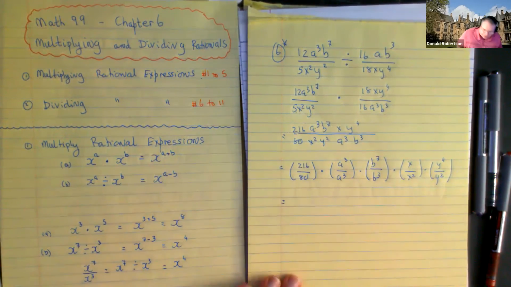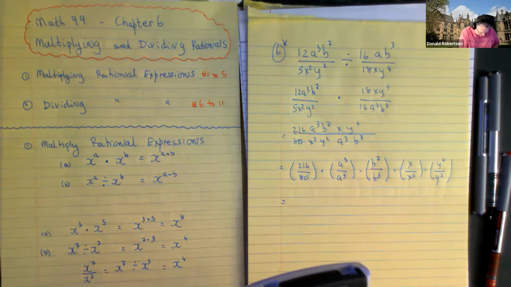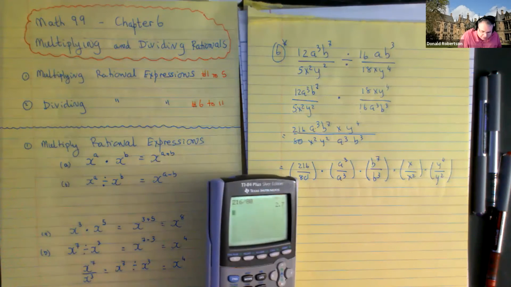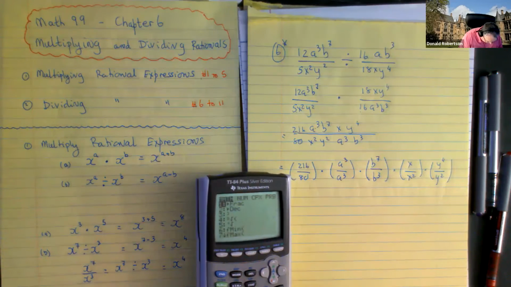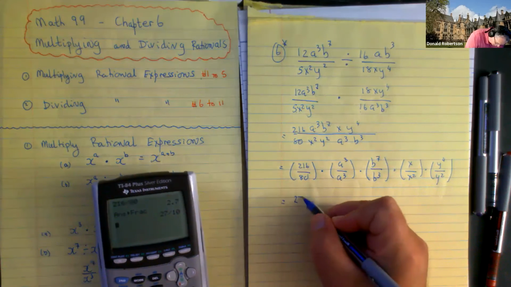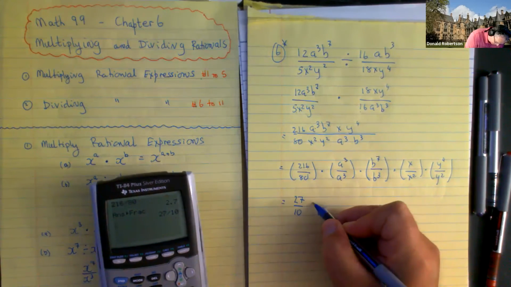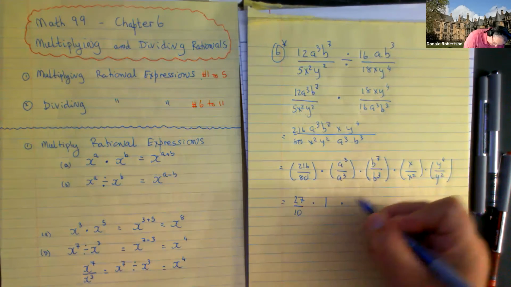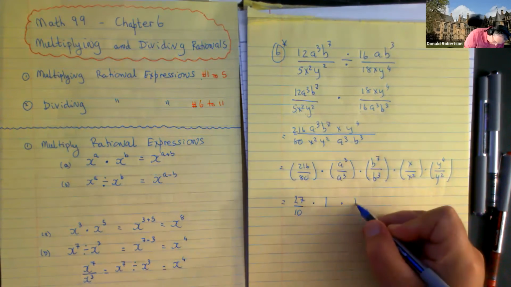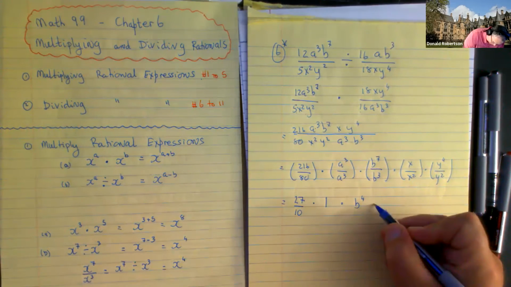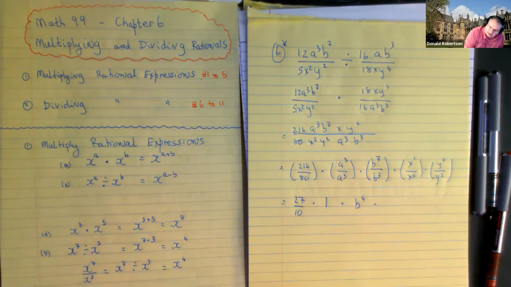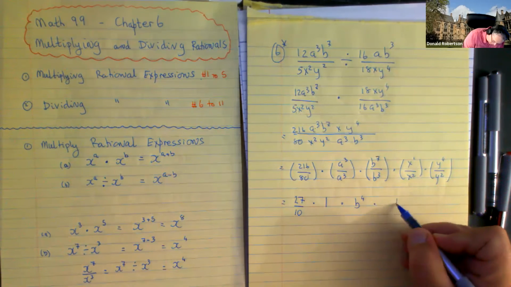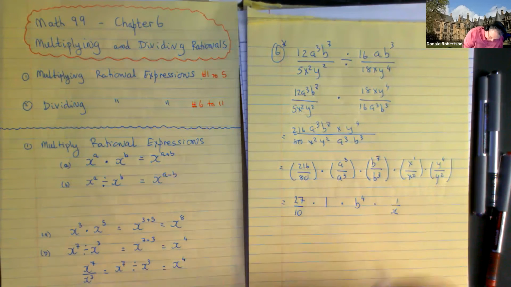Now each one of them gets simplified separately. So 216 divided by 80 converts to a fraction and we get 27 tenths. Now a cubed divided by itself gets you 1. B to the 7 divided by b cubed gets you b to the 4. And x, which is essentially x to the 1, divided by x squared gives you x to the negative 1, which we can simply write as 1 over x.